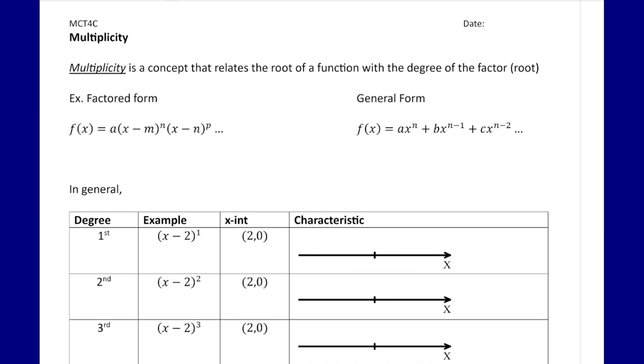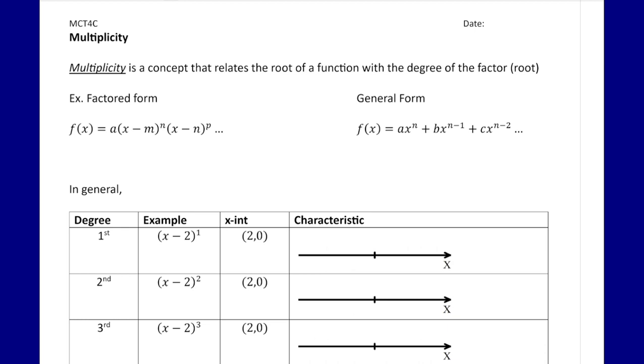And we could be given polynomials, and sorry, that might be a little bit hard or confusing of a definition, but we'll look at some examples, so hopefully we get a better understanding of what we mean. Now, we could have two forms of our polynomials. The factored form, f of x equals a coefficient times x minus m to the power of n times x minus n to the power of p, and so on.